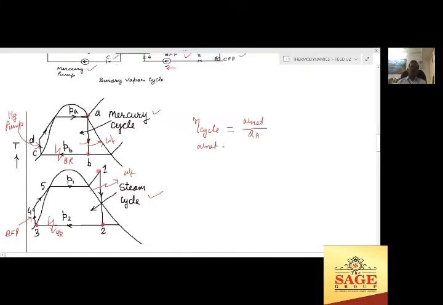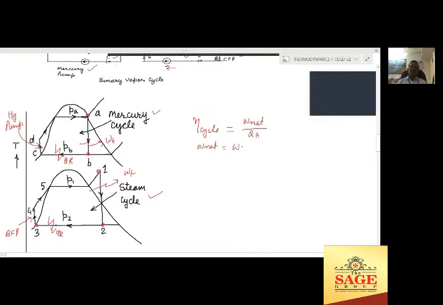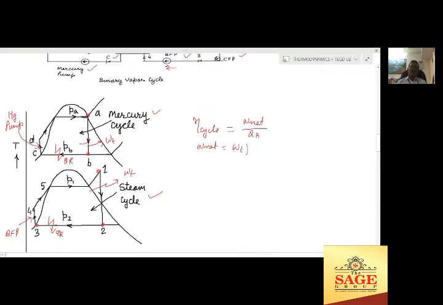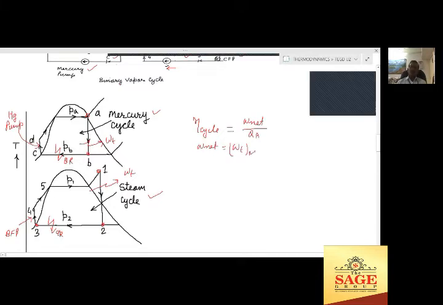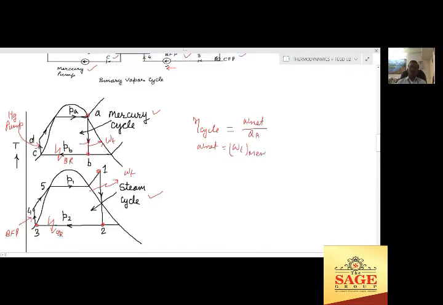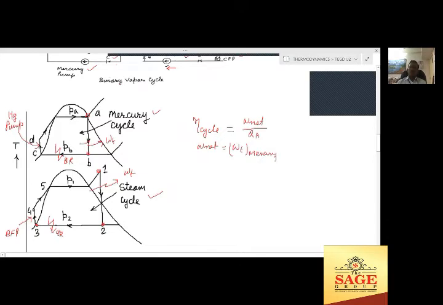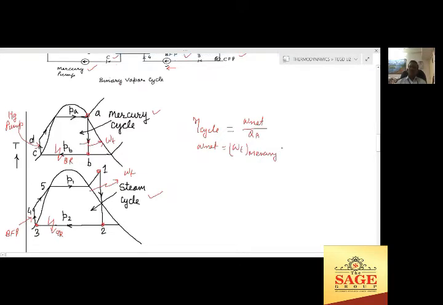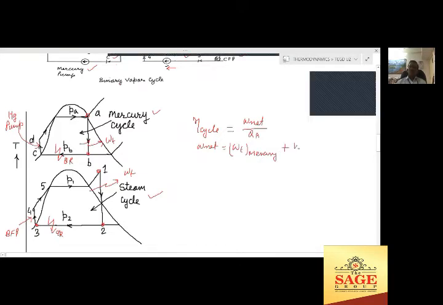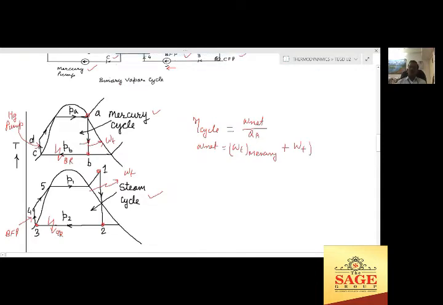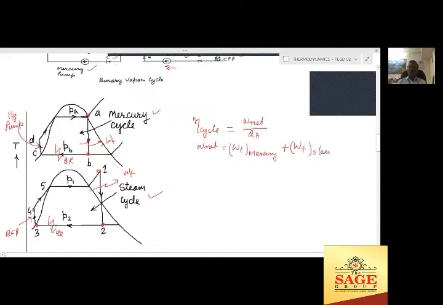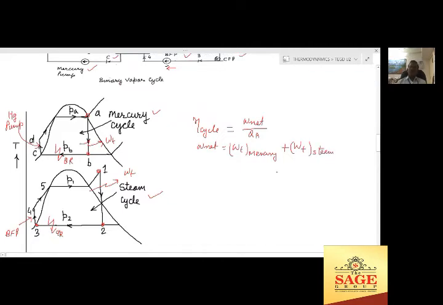Because there are two turbines, the mercury turbine and the steam turbine, we can write WT for the mercury plus WT for the steam. This is the total work.